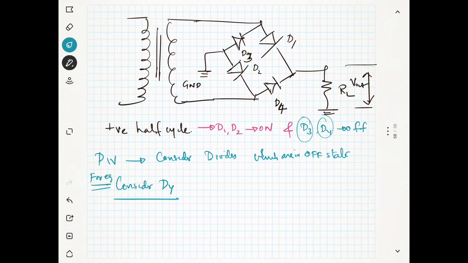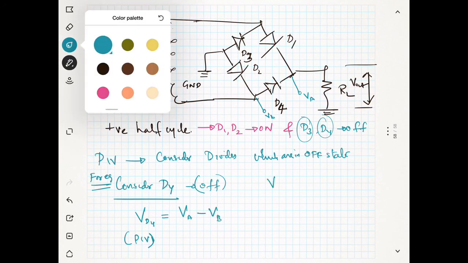So what is the voltage across D4? I will take VA here and VB here, because D4 is off. The voltage across D4 is our peak inverse voltage, which is VA minus VB. What is VA?